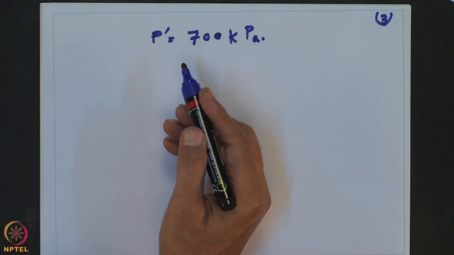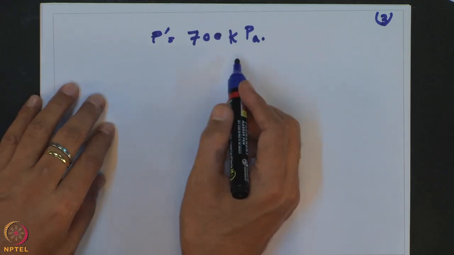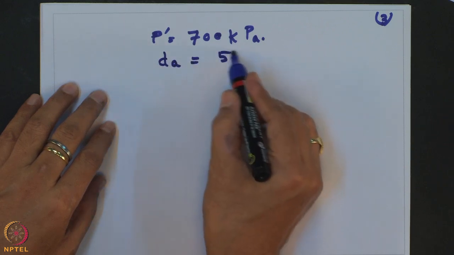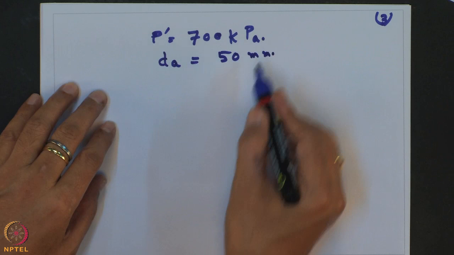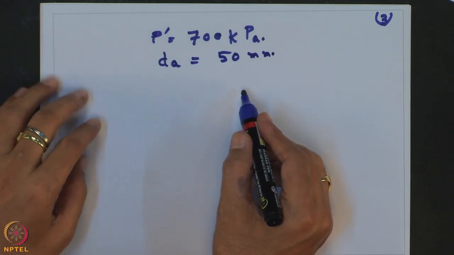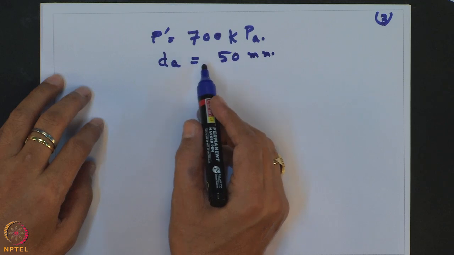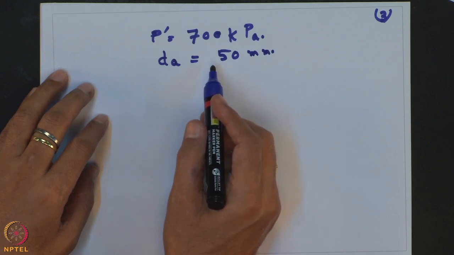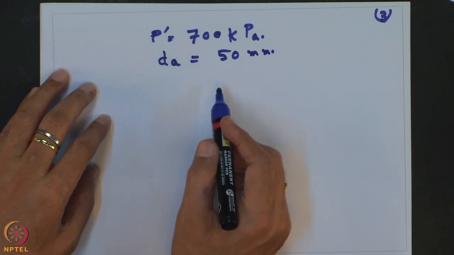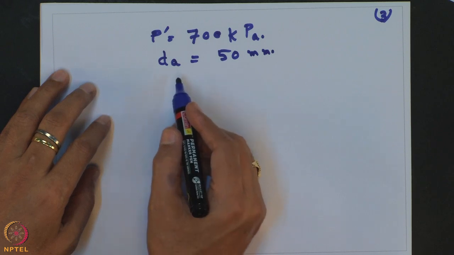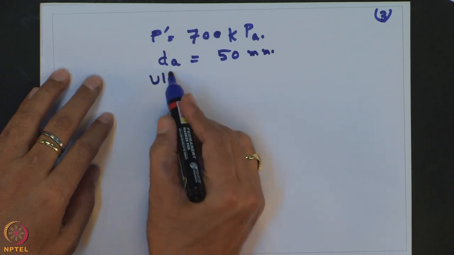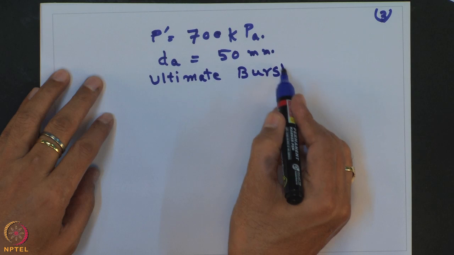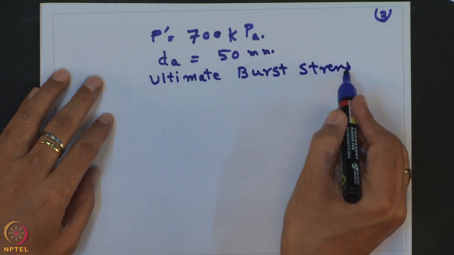So, stone size is 50 millimeter. Okay. So, that means D of A is 50 millimeter.